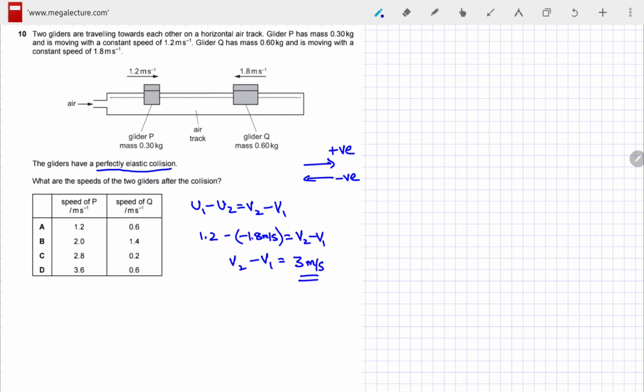And what is the other thing? We know that the kinetic energy should be conserved. So we'll use the expression half m u squared is equal to half m v final squared, right? So the only choice that satisfies these two conditions is option C, right? So 2.8 plus 0.2 is 3 meters per second.